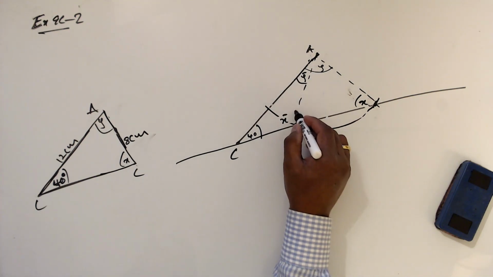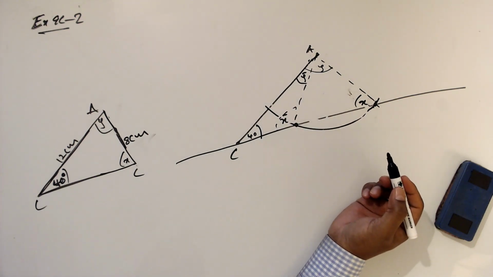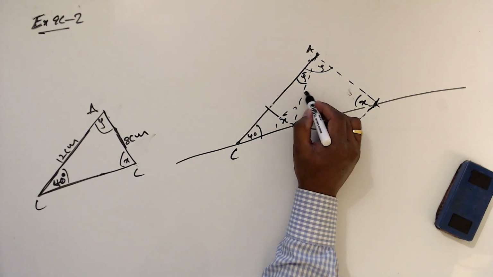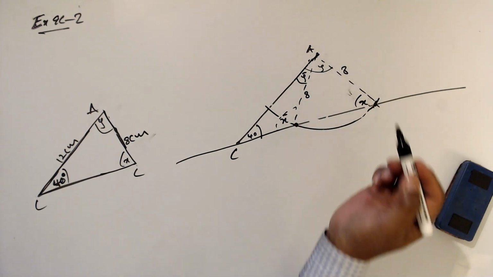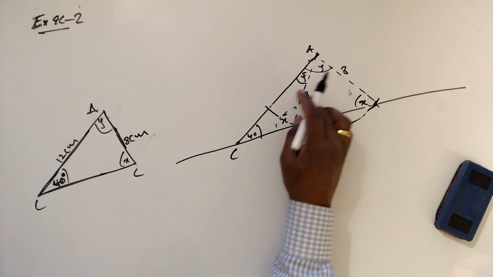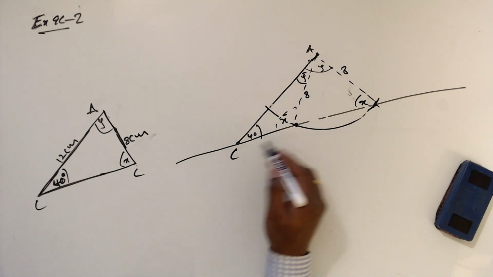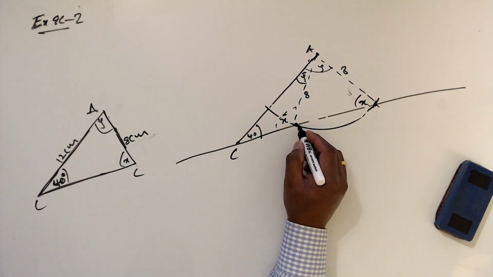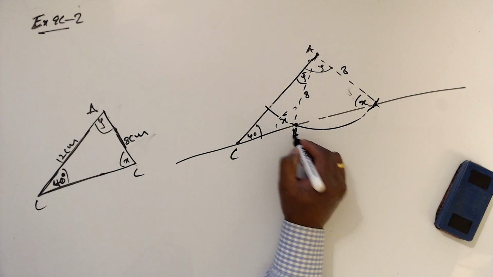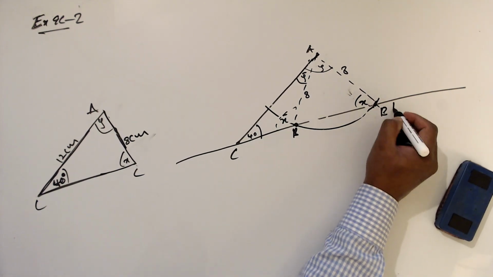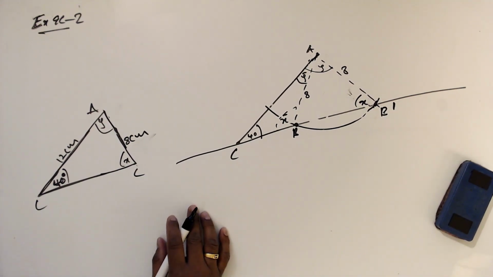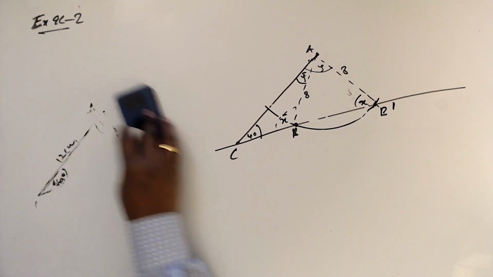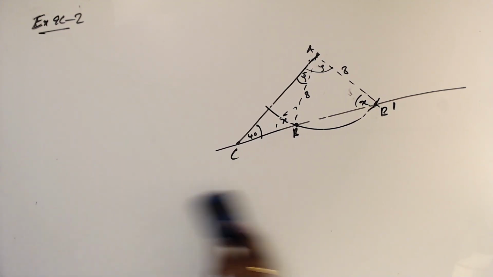These are the two shadows. So this is 8 and 8. Those are the two possibilities: A, C, and this is B. Another one is B dash. So now we'll put in the sine rule and work it out.